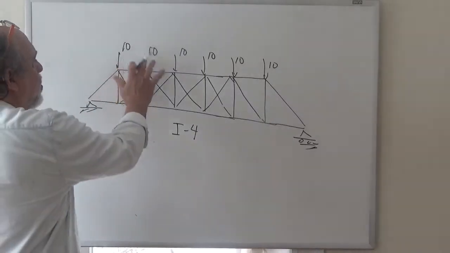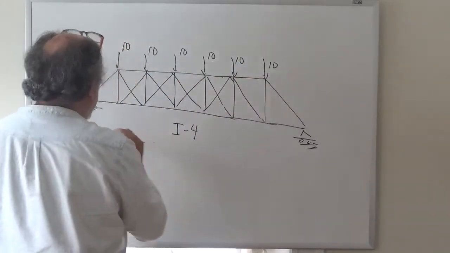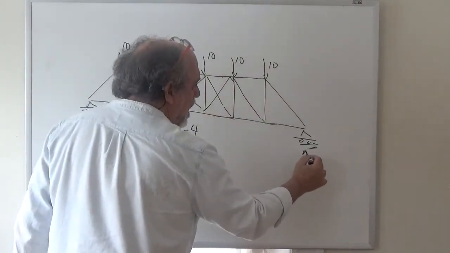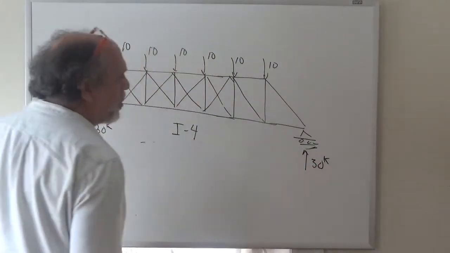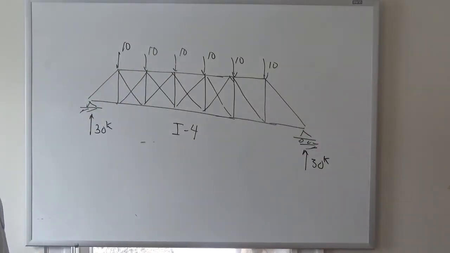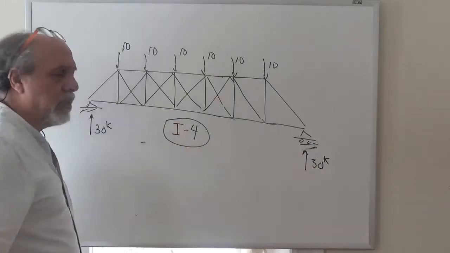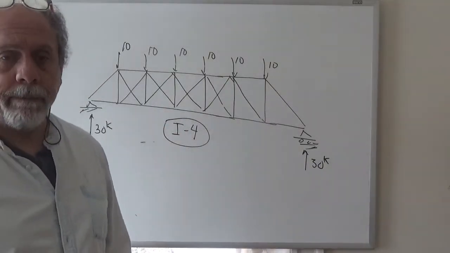However, 10, 20, 30, 40, 50, 60 symmetrically placed, those reactions are 30 kips, right? Therefore, those reactions are statically determinate, even though the structure itself is indeterminate to the fourth degree, right?